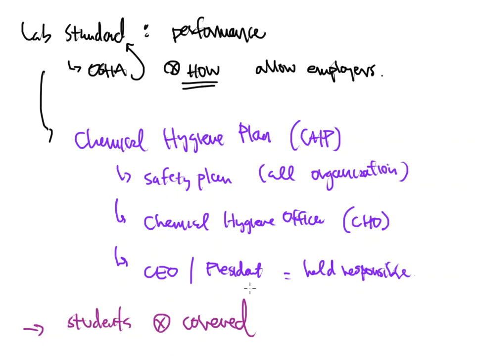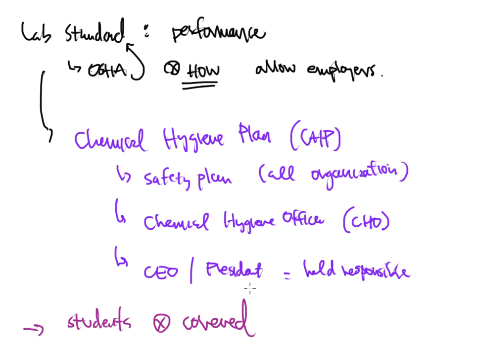Again, that's kind of scary. That kind of makes you think about, well, shouldn't parameters be in place that make sure that students are safe and that students are getting exposed as least as possible to chemicals, and that students are receiving the proper safety training? And the answer is yeah. And some people push for that, but right now there's nothing in place for that.